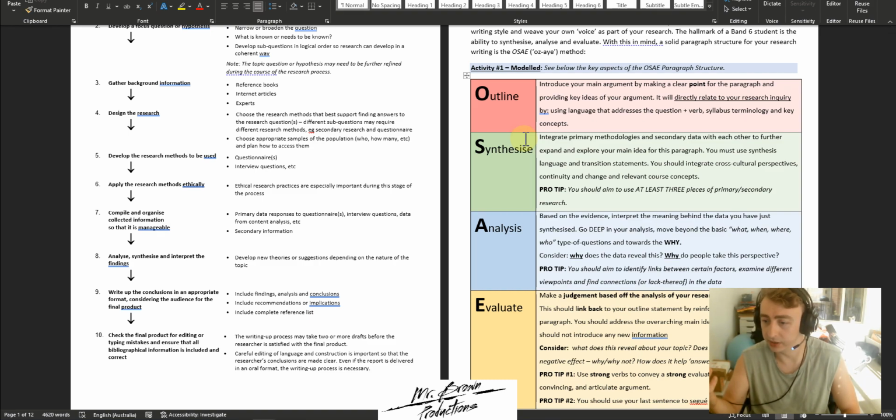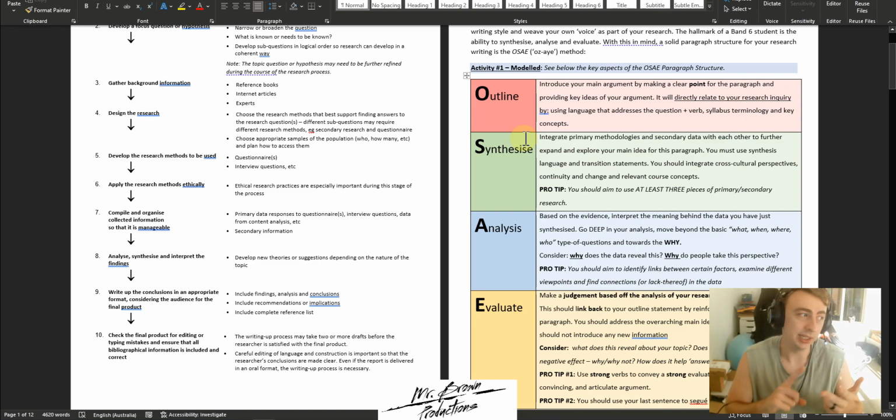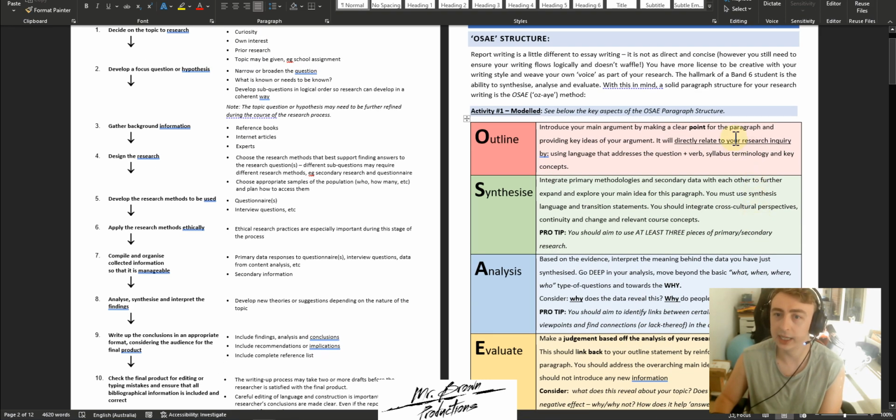You can use whatever thing you like, but this will ensure, if you use it, that you will write killer paragraphs. They'll have a really clear argument, they'll have in-depth synthesis of ideas, it'll have good analysis, and you'll be able to evaluate your work at the end of it. So using this is a really good idea. If you're looking at that A range, it's really important that you have good structure to your writing, okay?